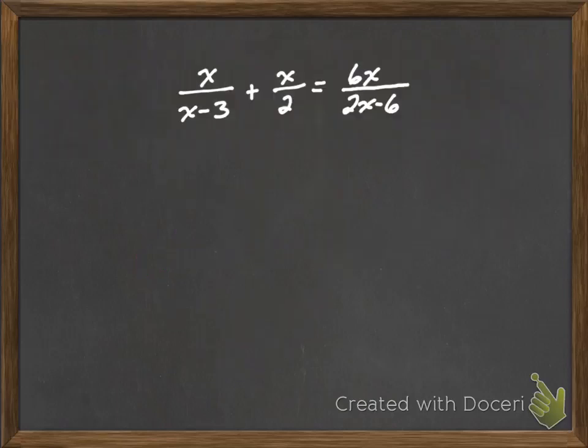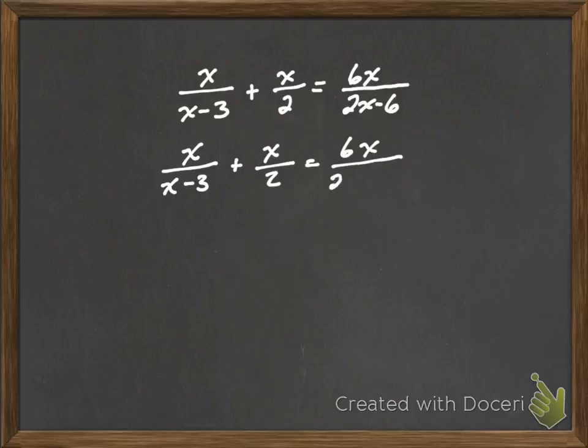All right, so we want to factor the denominator. The only denominator that can be factored is going to be our third fraction, and we will factor that by factoring out a 2. So now we are going to multiply by the least common denominator. Our denominator needs to have an x minus 3.